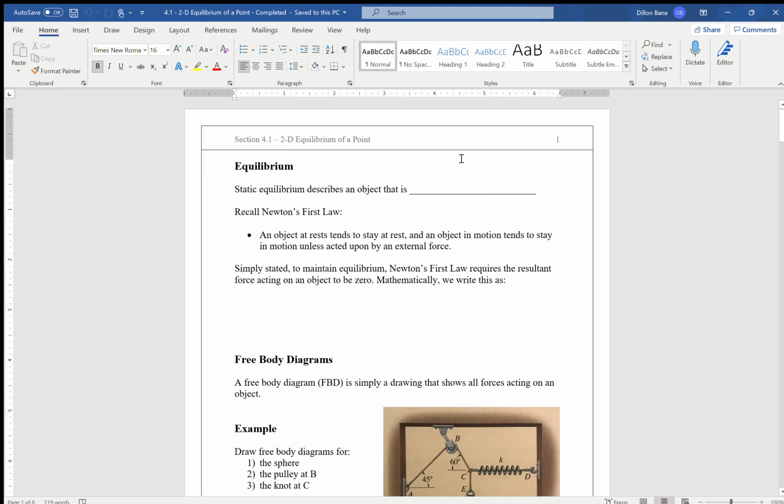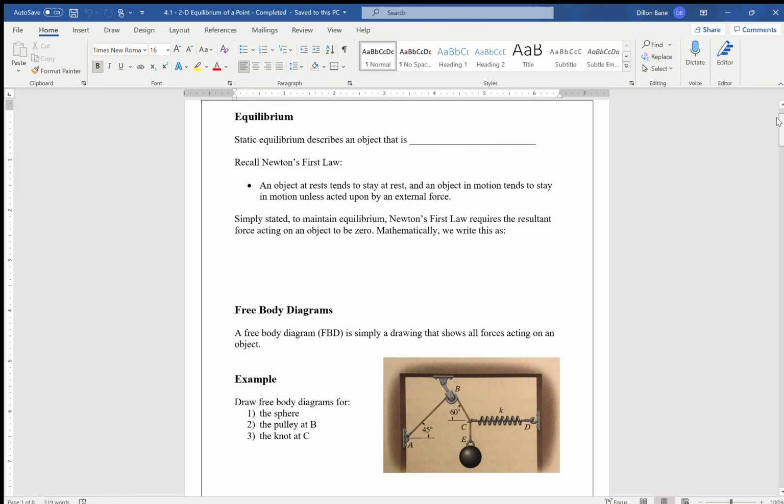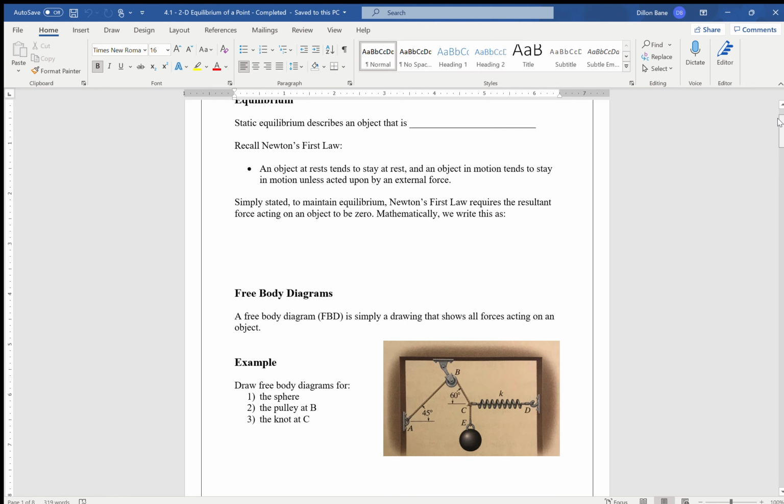Okay, so let's finish up our notes on section 4.1. Last week we introduced this topic of 2D equilibrium of a point. We have these notes from last week where we went through what we thought equilibrium should be.